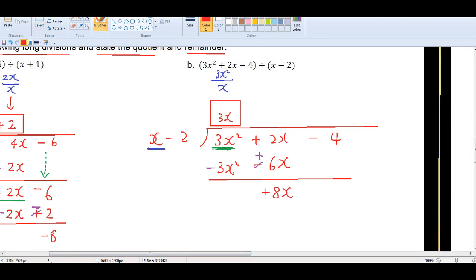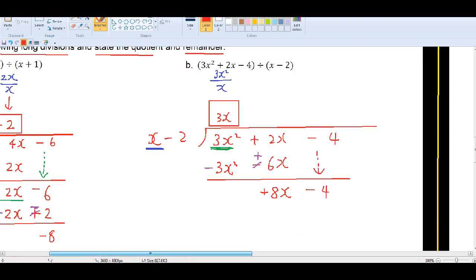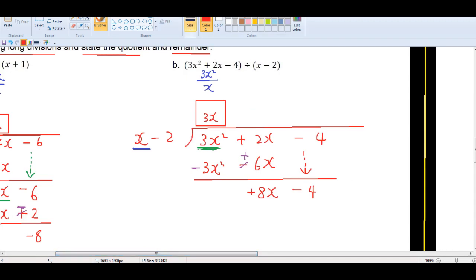So you see there's only one term, but there are two terms in the divisor, so you have to bring down the minus 4 over here. Let's see what our second term will be. The leading term now becomes 8x, and the leading term in the divisor is always x.